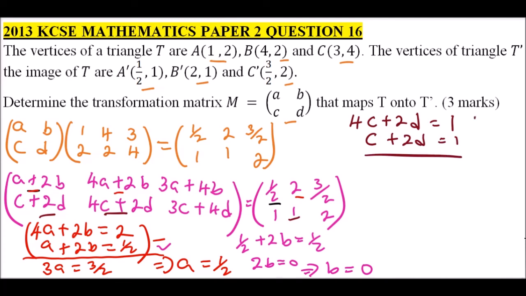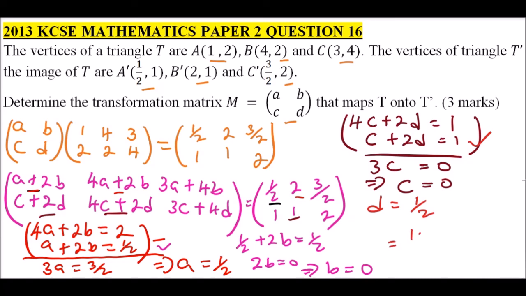You subtract, you get 3C is equal to 0, implying that C is equal to 0. And when you substitute C equals 0 here, you get that D is equal to a half. So our matrix is (1/2, 0, 0, 1/2). So that is our matrix A, B, C, and D.